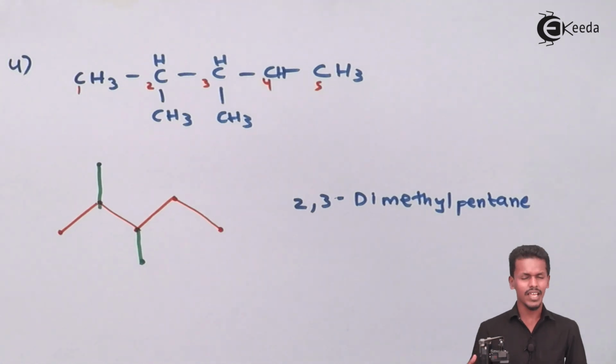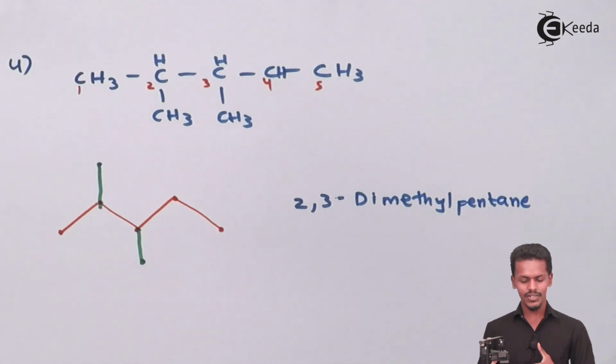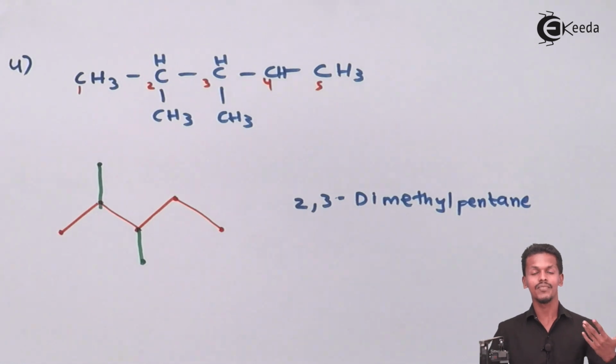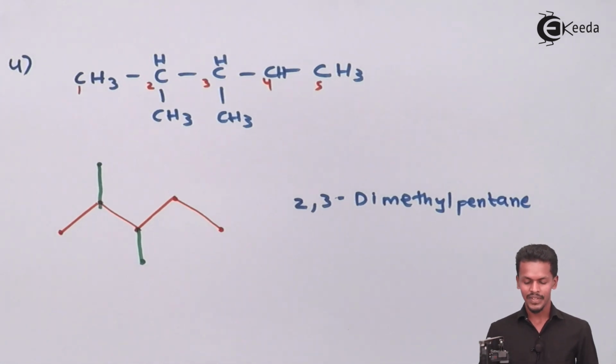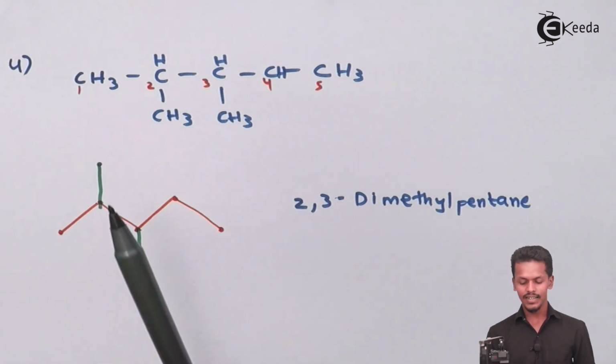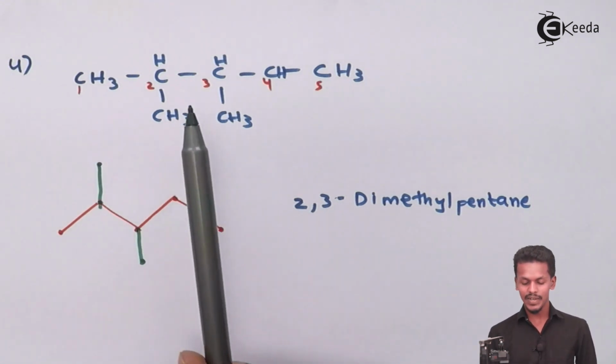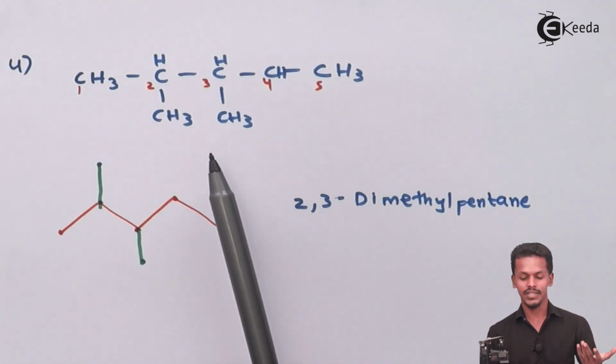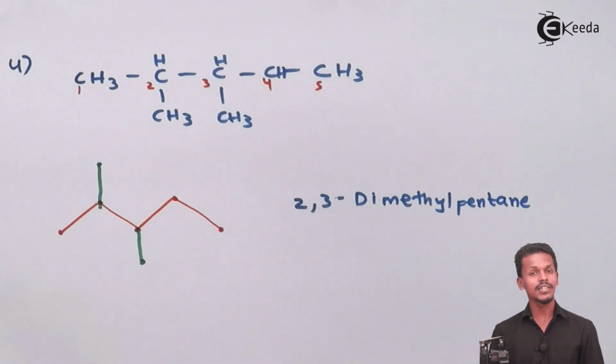So this is the fourth isomer that we have drawn, and let us see what the next isomer is. We are going in a very good direction, because till now we have drawn 4 isomers, and let us see what the 5th isomer would be that we could draw. For that we could take the reference of this one only. One substituent has been attached on the second carbon atom, and the second CH3 has been attached on the third carbon atom.